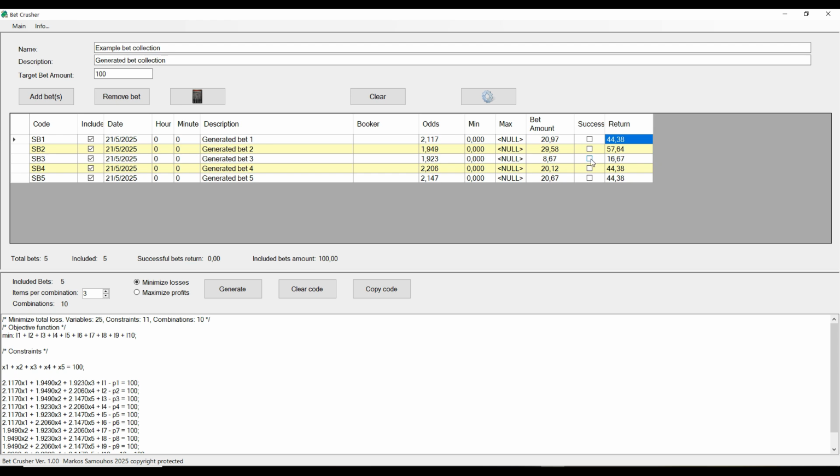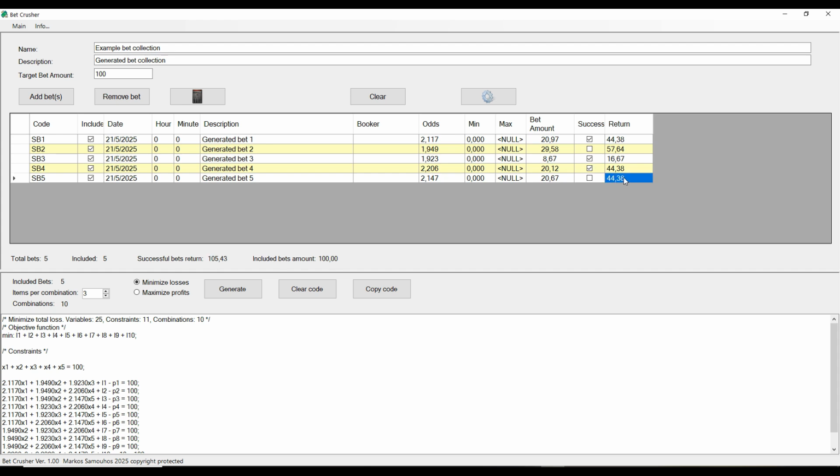Now, if we mark as successful the 3 bets with the smallest return value, and this combination of bets adds up to 100 or more, then this will apply to all the combinations. For instance, this is the bet with the smallest return. The second smallest is this one, and that one is the last.